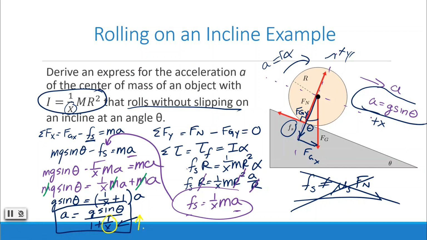So the larger the fraction, the smaller the acceleration. And the larger the fraction, it means large rotational inertia. So we could summarize this by saying that the larger the rotational inertia, the smaller the linear acceleration. So the more resistance you have to rotating, the smaller and smaller the acceleration goes.